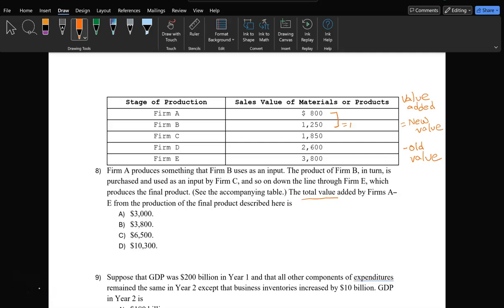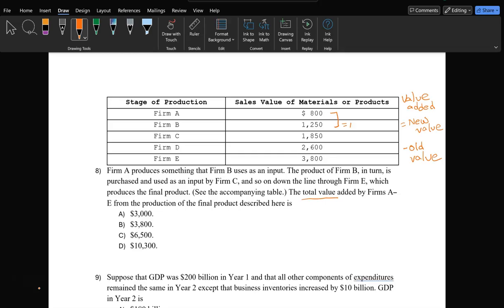Let's look at the rest of the questions on GDP. Question 8, we have to find out the total value added from farm A to farm E. The value added means we subtract the old value from the new value.